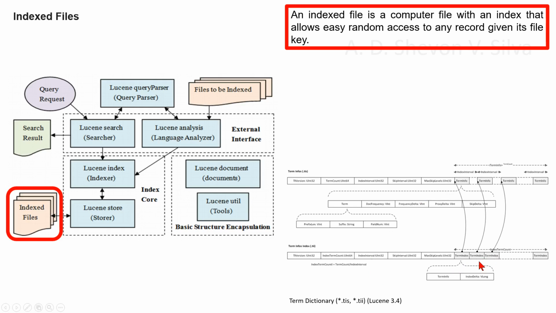This is designed to be read entirely into memory and used to provide random access to the TIS file. The structure of this file is very similar to the TIS file, with the addition of one item per record, the index delta.